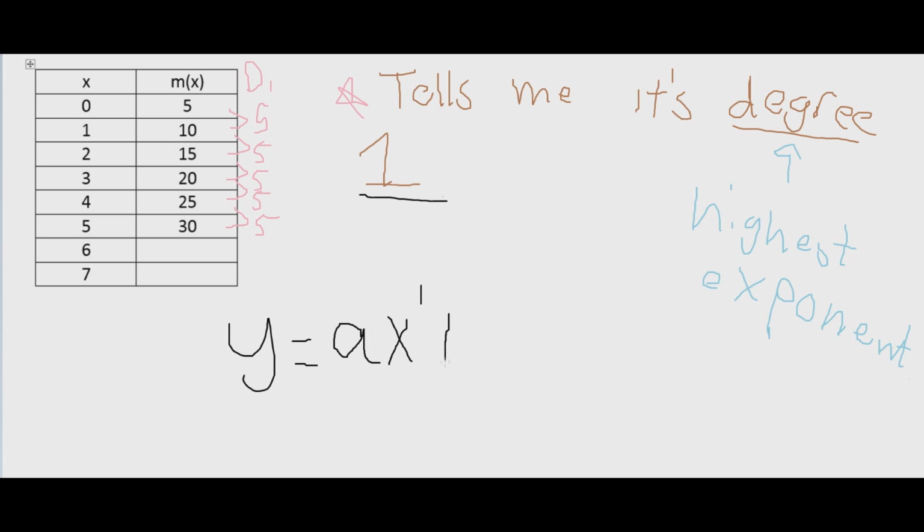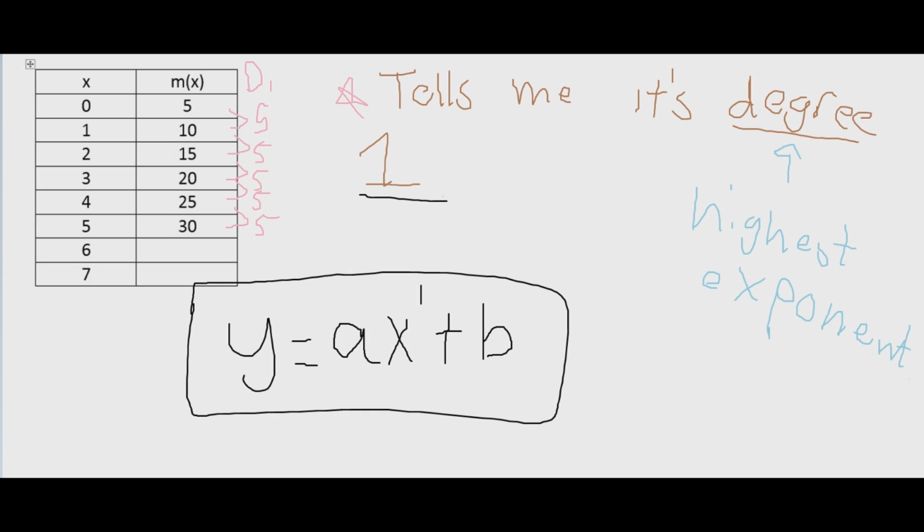Now we're going to get plus b, and we just go down the alphabet until we get x to the 0. So we get b times x to the, well, what's 1 minus 1? Remember, we're just going to keep going down by 1. Well, that's just x to the 0. But do you remember what x to the 0 is? Well, x to the 0 is just 1. And what's b times 1? Well, that's just b. So this would be our potential equation for this table right here.